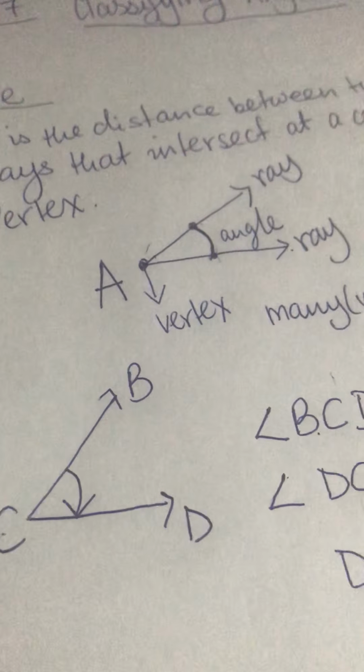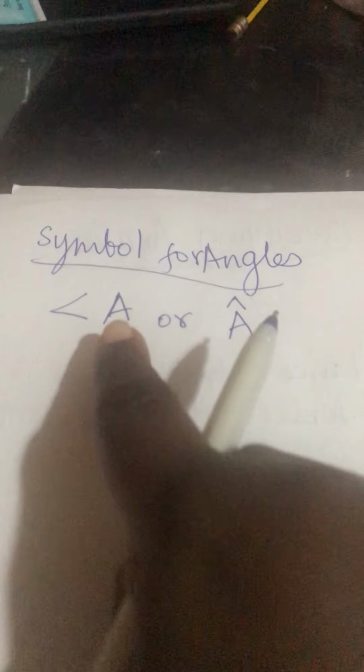So let's talk about the different types of angles. So I have shown you the symbol for angle, yes? I can either say angle A, or I can say angle A with the symbol. Now, when you measure angles, you use degrees.